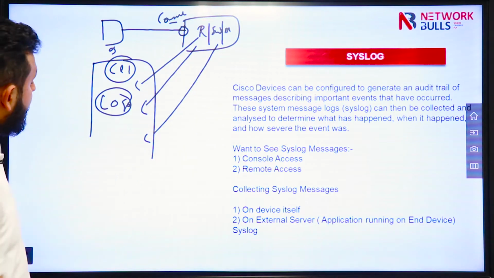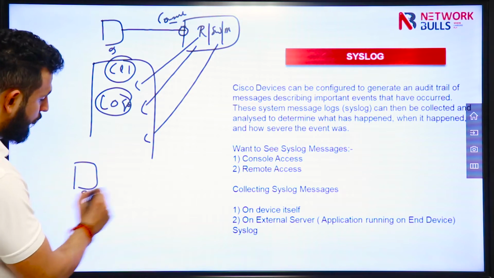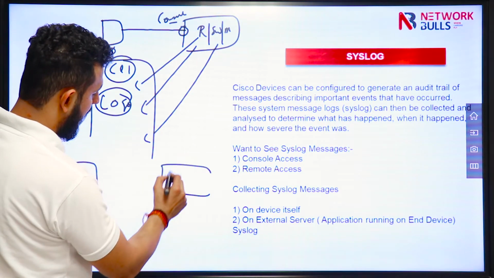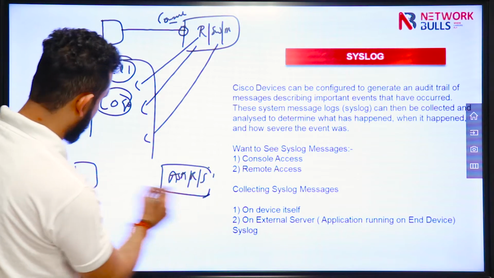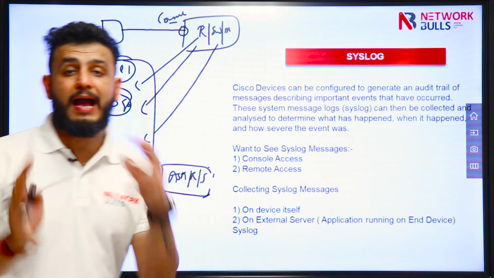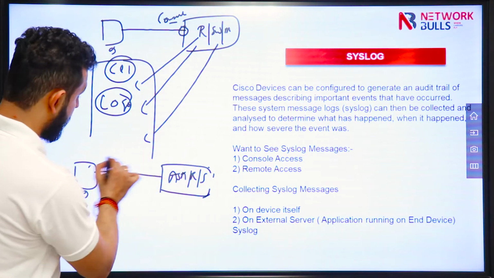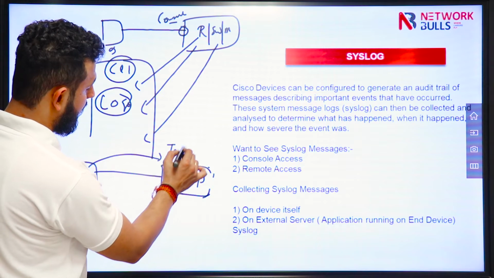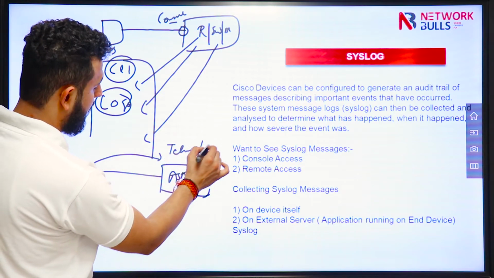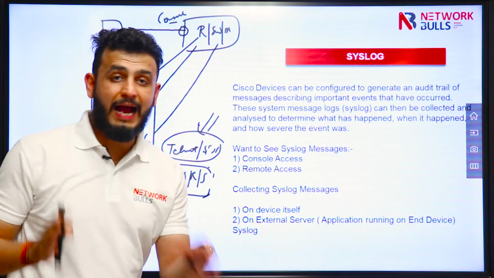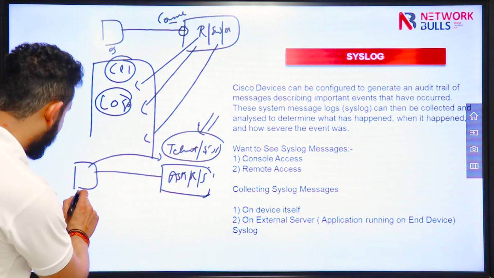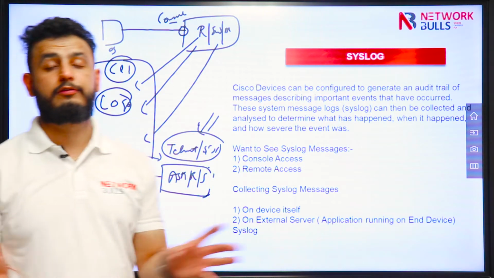But if you are a user and the device can be a router, a switch, or an ASA, and you are remotely accessing the device, remotely means you are trying to telnet or SSH. In that case, on your CLI, you will never see the logs.